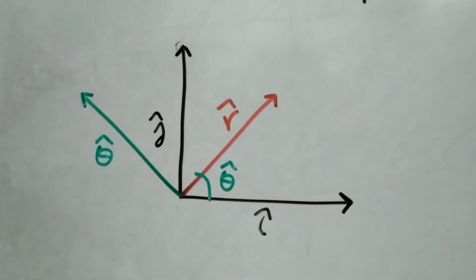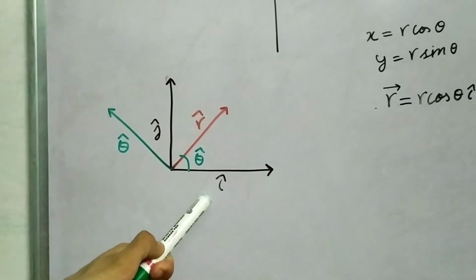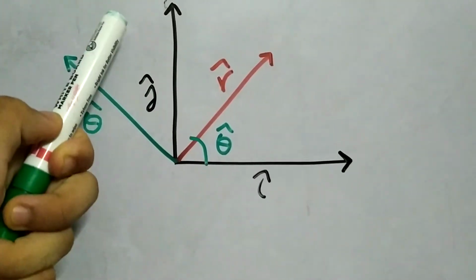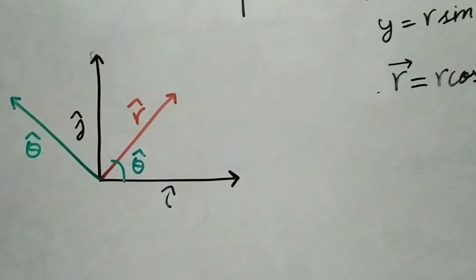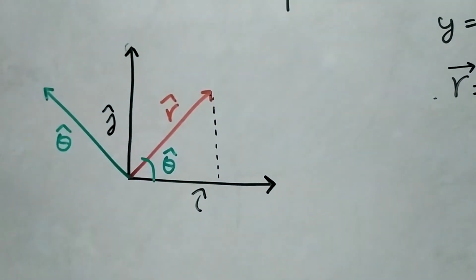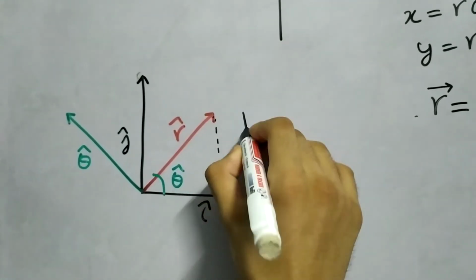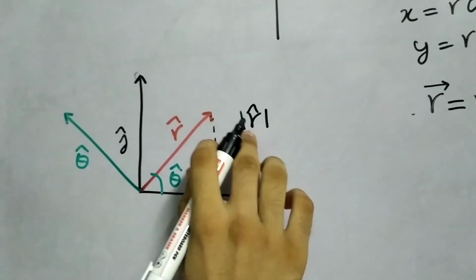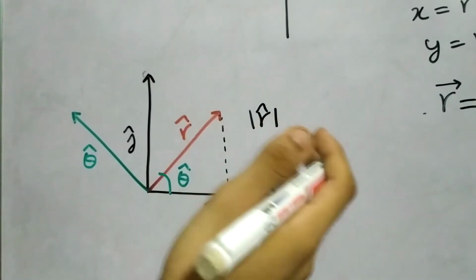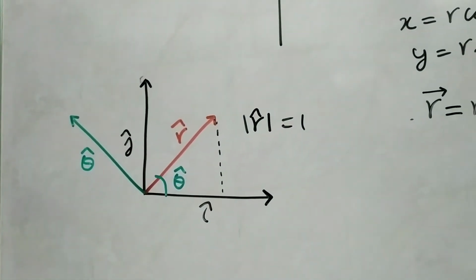This is theta, and now we need to resolve this vector into its components along i cap and j cap. See, the same method as how we resolve a vector. Let us denote its magnitude by this notation. The magnitude of r cap is essentially 1, because it's a unit vector.